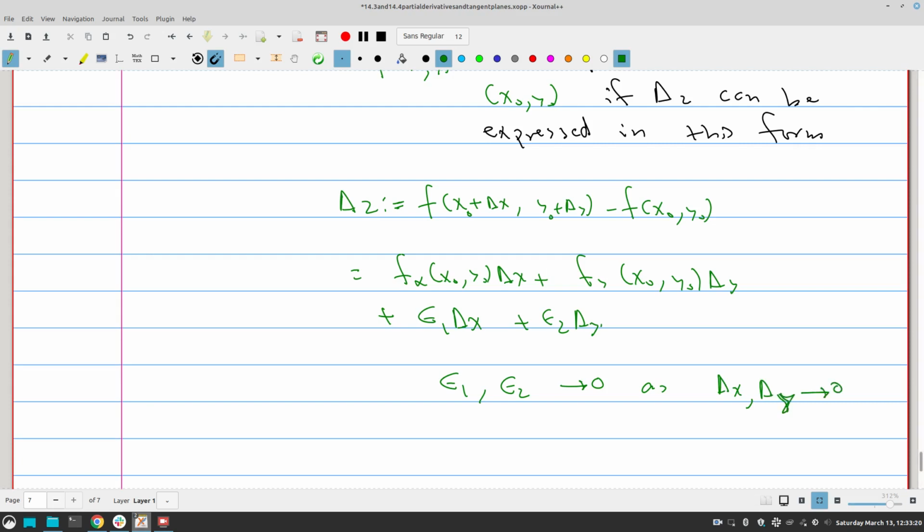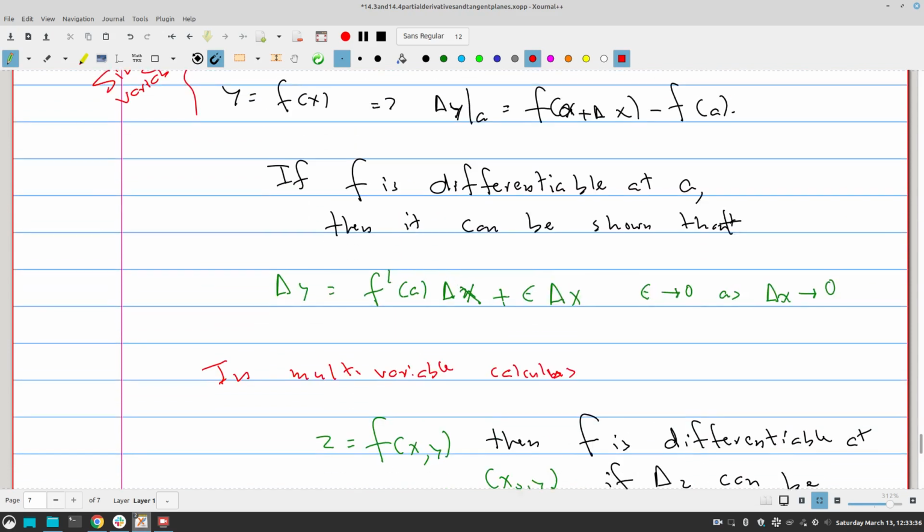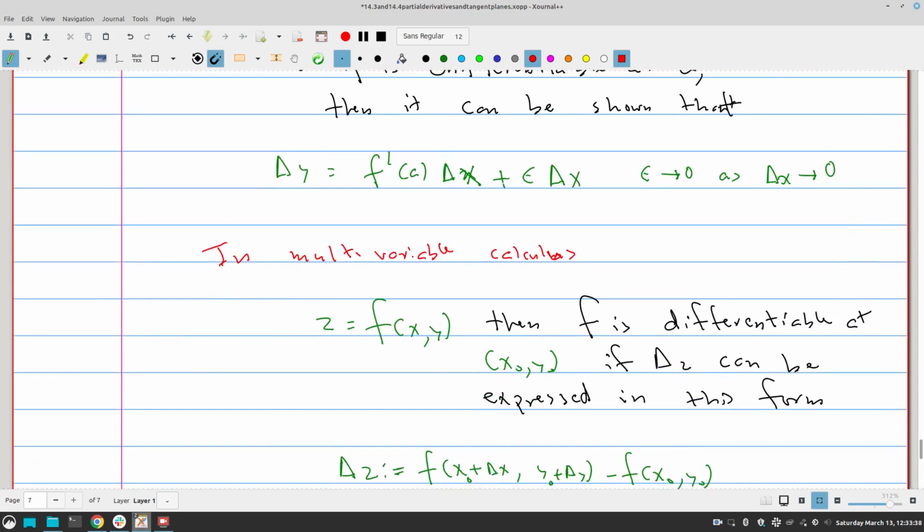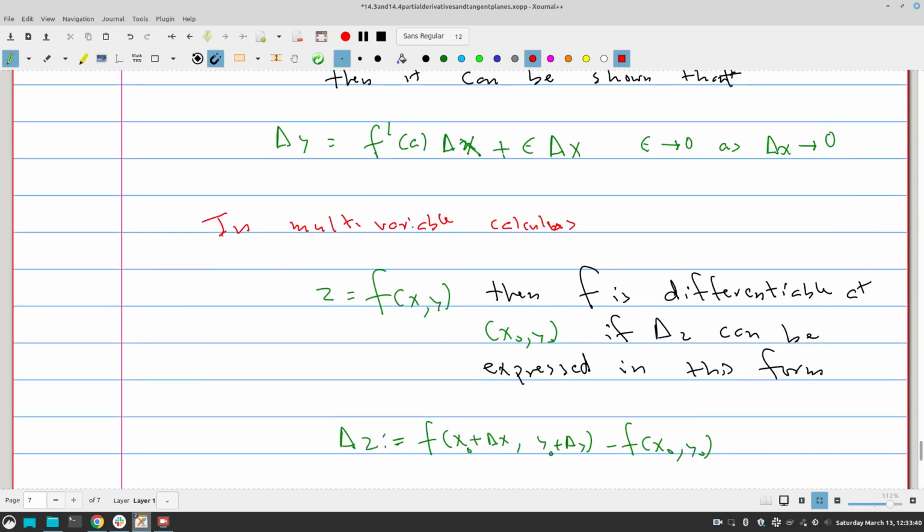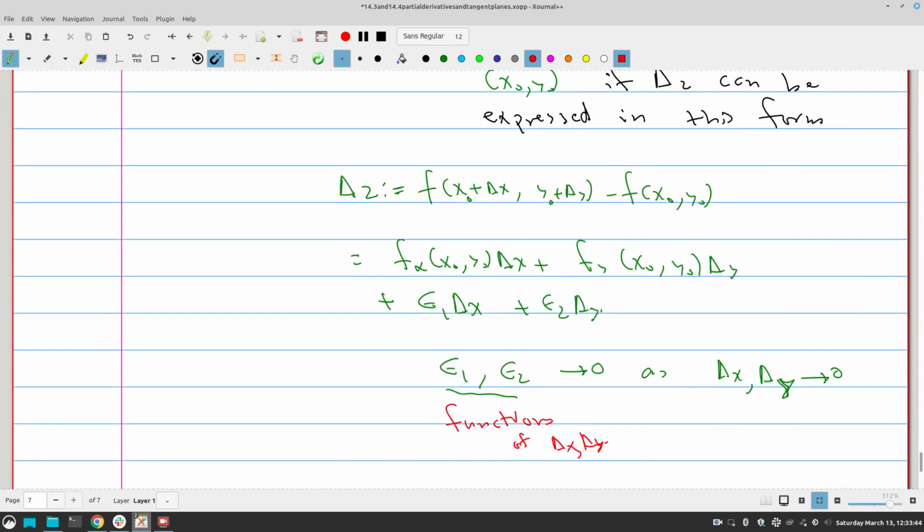And these guys, epsilon 1 and epsilon 2, are functions of delta x and delta y. Notice the similarity between this definition for single variable calculus and this definition for multivariable calculus.